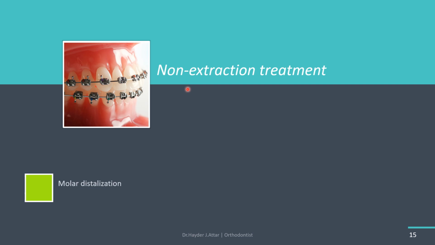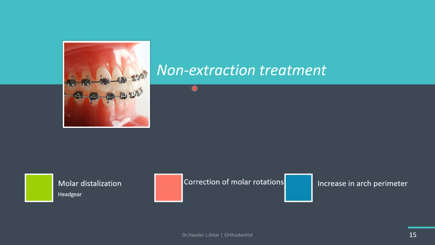In the non-extraction cases, we correct the case by molar distalization, which means distalizing the maxillary first molar by using a headgear or mini implant, or correcting the maxillary first molar rotation to provide space for the retraction of the anterior teeth to correct the mild increase in the overjet, and increasing the arch perimeter, that means proclination of the mandibular anterior teeth to compensate or correct the mild increase in the overjet.